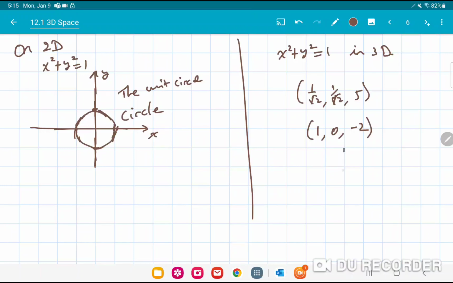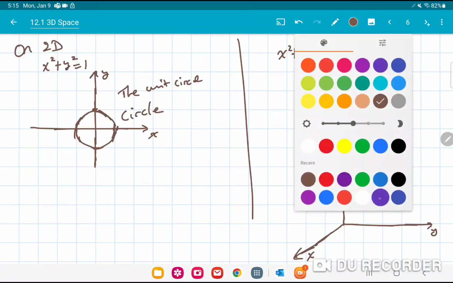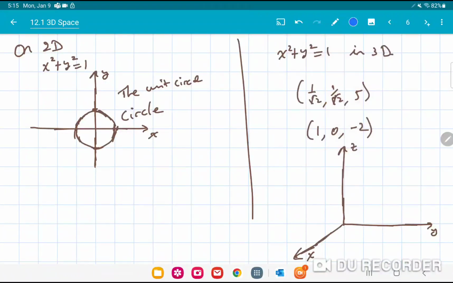So how do I draw this? Let me make an xyz space first, x, y, z, and it looks like if I had only the xy plane, I would have had a circle of radius 1.